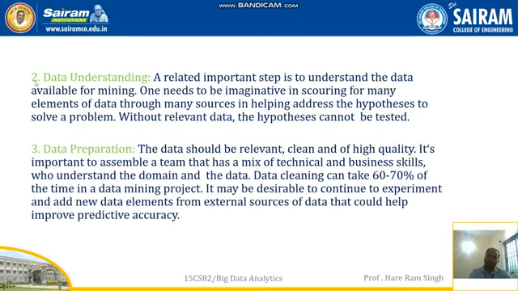The second best practice is data understanding. A related important step is to understand the data available for mining, because different types of data will be there, so we should have the expertise to understand the data, then only can we achieve our goal.